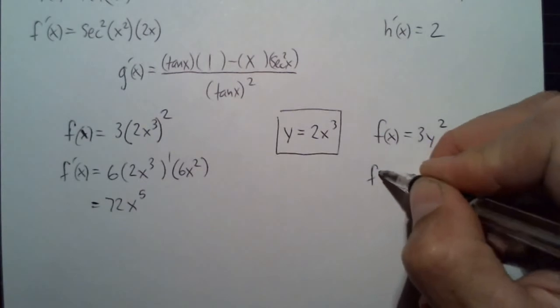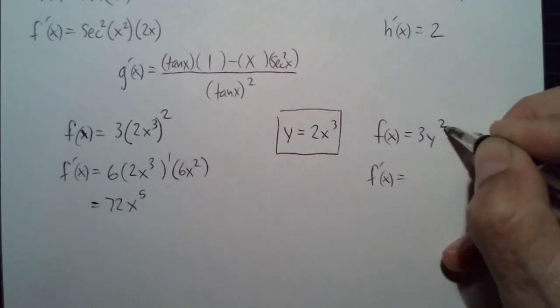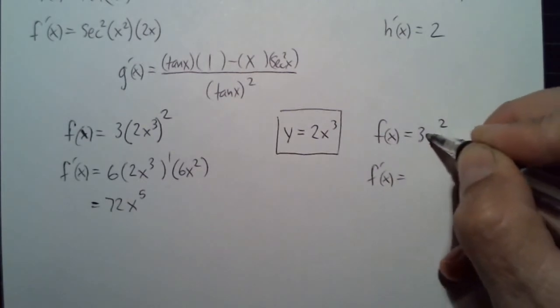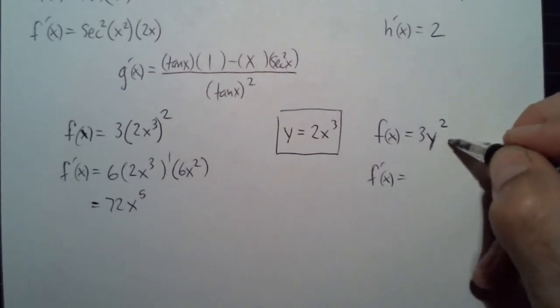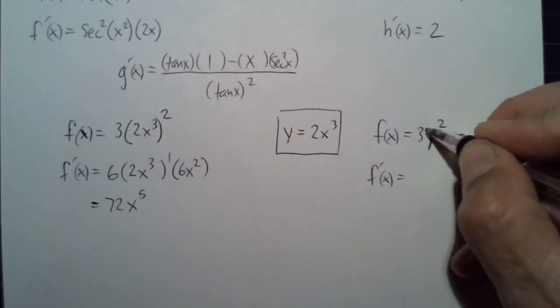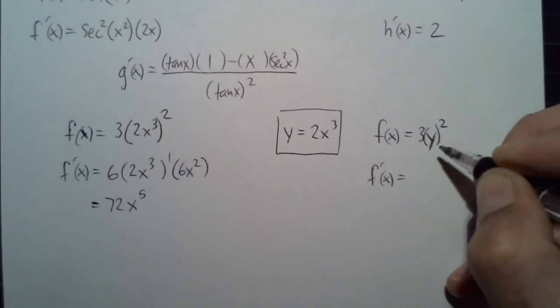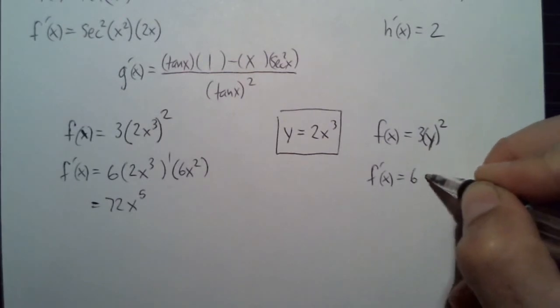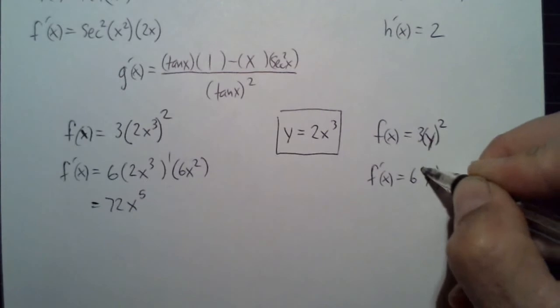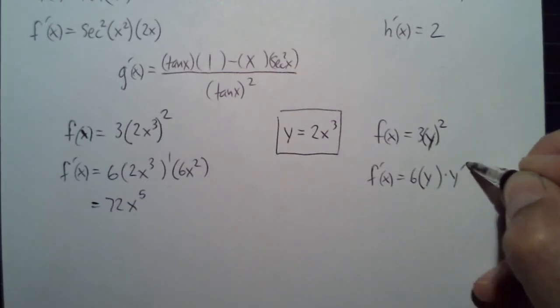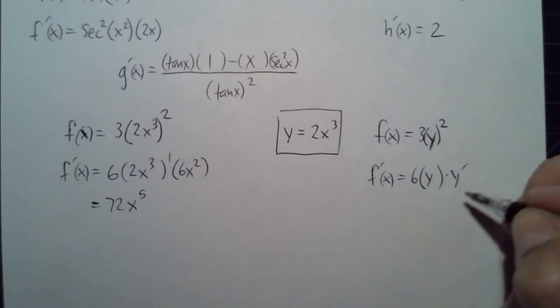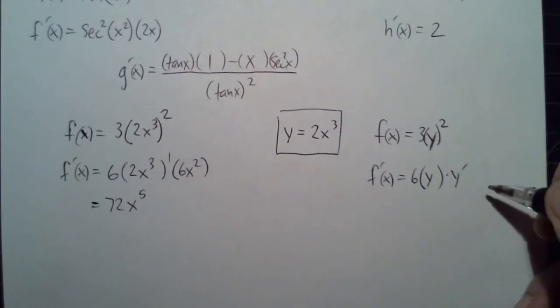We could just say f prime is, we'll do the derivative, and we'll say, well, y could be something. I don't know what y is, but I do see that there's an inside and an outside. So let's just do the power rule, leave the inside the same, and since we don't know what y equals, we'll just write y prime.